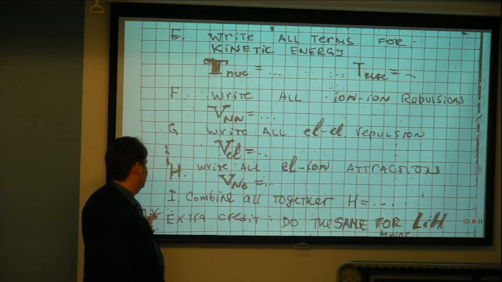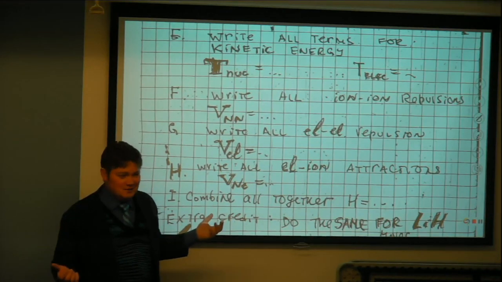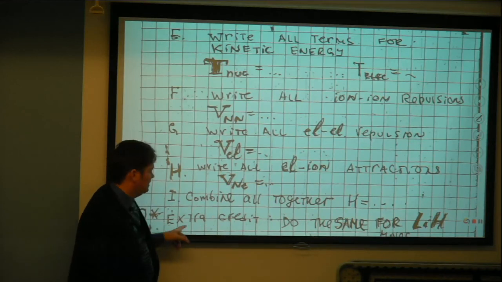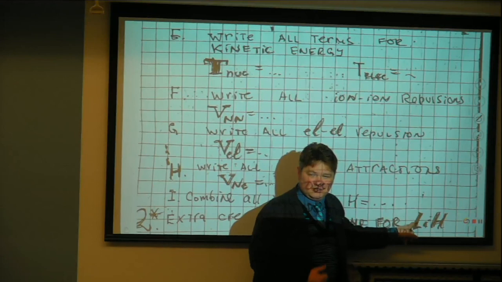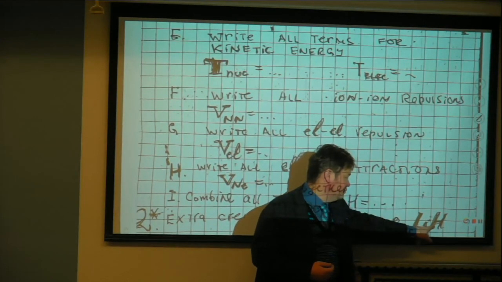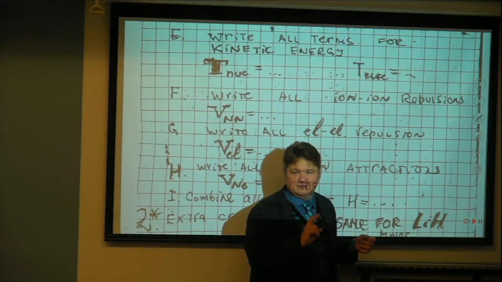If you really want, if you have nothing to do, if you do not have entertainment on the weekend, you might try to do the same for lithium hydride, because lithium has charge 3 and hydrogen has 1, so it will be charges on the 2 nuclei, but 4 electrons.